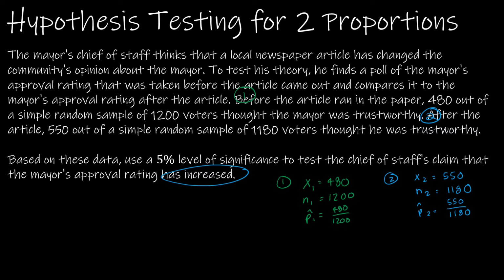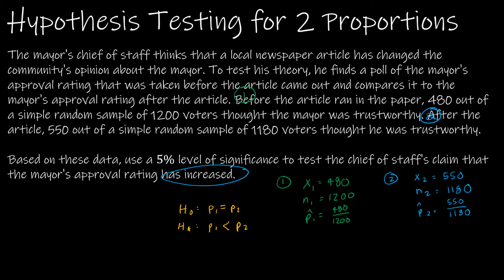So again, that tells us that the null hypothesis is that p1 minus p2 is equal to 0, or remember, p1 is equal to p2. So essentially we're saying we think that they're going to be exactly the same. And then the alternative says, is it in fact true that the first proportion is less than the second proportion?